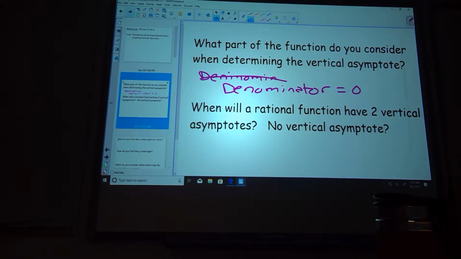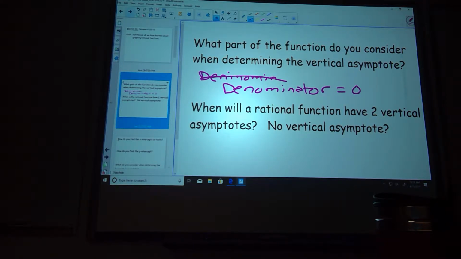Okay? Does a hole supersede a vertical asymptote? What do you mean? Like, is a hole more important than a vertical asymptote? No, you use a hole. The hole exists, and the vertical asymptote at that point wouldn't exist for that number.